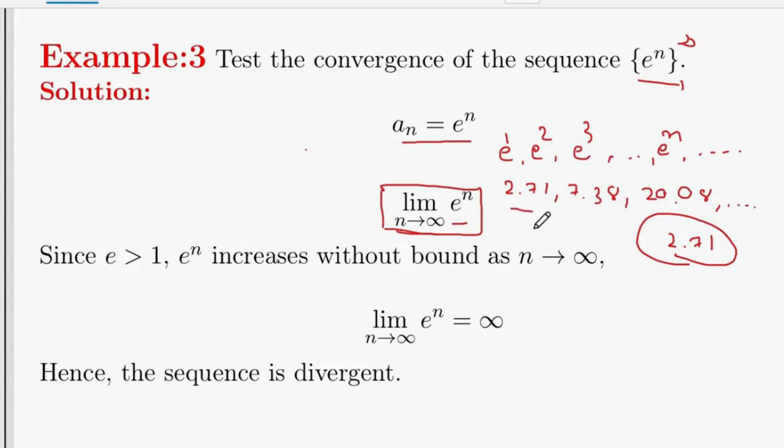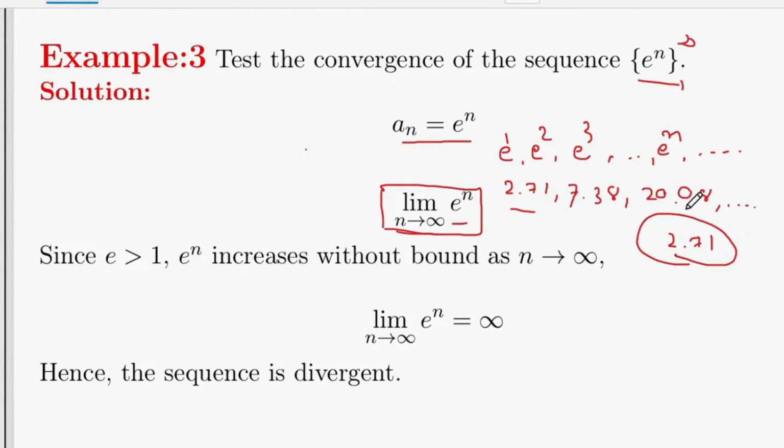First value is 2.71, e square is 7.38, e raised to 3 is 20.08. As we move on to infinity, this value increases: 2, then 7 and 20 and so on. If you take e raised to 1000, e raised to 1 lakh, we get a very large number, and this sequence approaches which number?